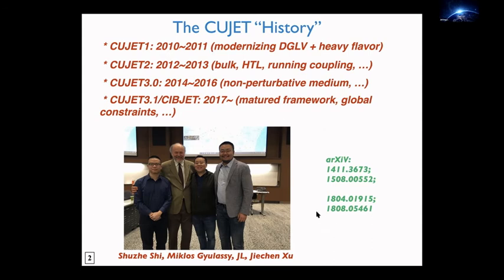These are the people involved in this: Shu Deshi, who is now a postdoc at McGill, and of course Miklos, me, and Jie Chen, who is now on Wall Street making big money, using the numerics for different purposes. These are some of the relevant papers.